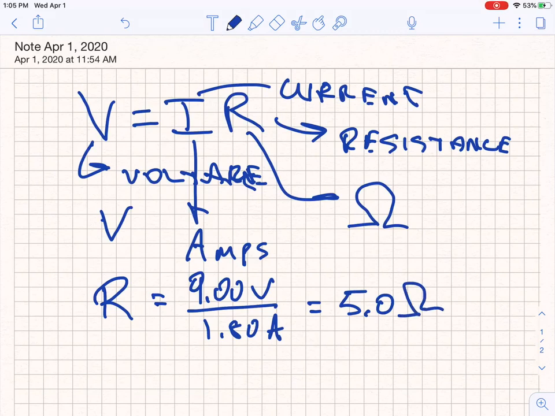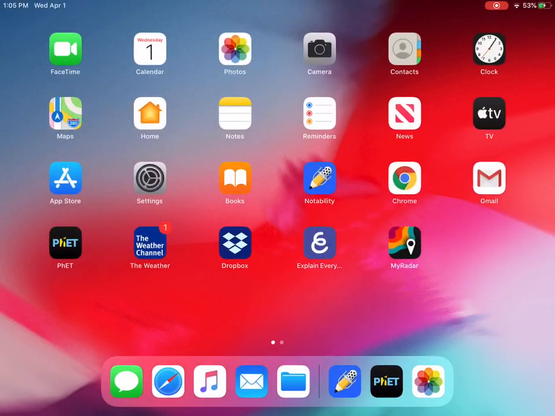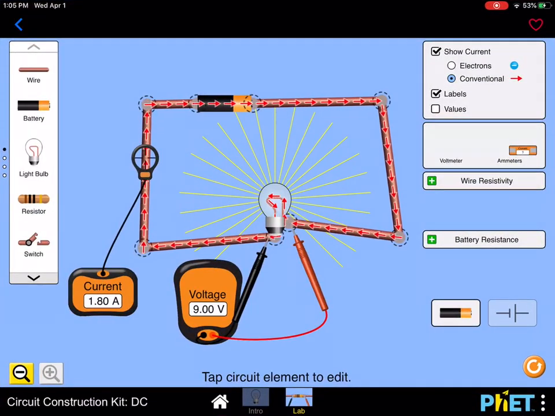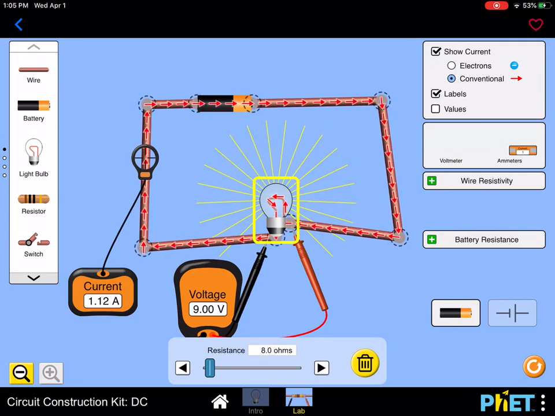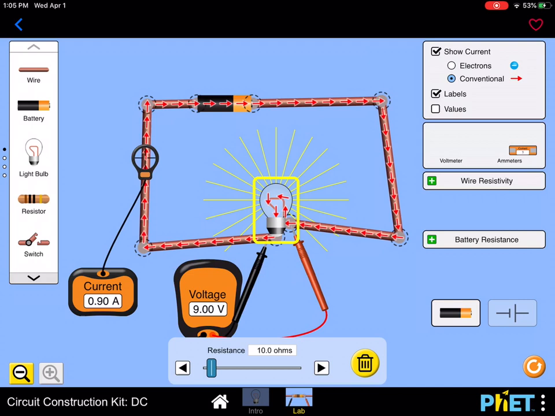So there's a couple of things that you can do depending upon the situation. In this case, I've got 5 ohms, so I'm going to go back to that simulation, and I'm going to increase that resistance up to 10 ohms.